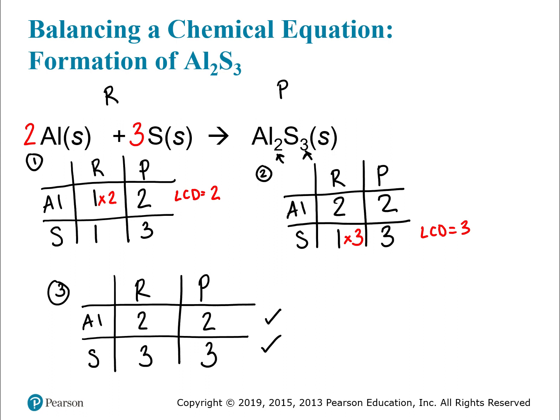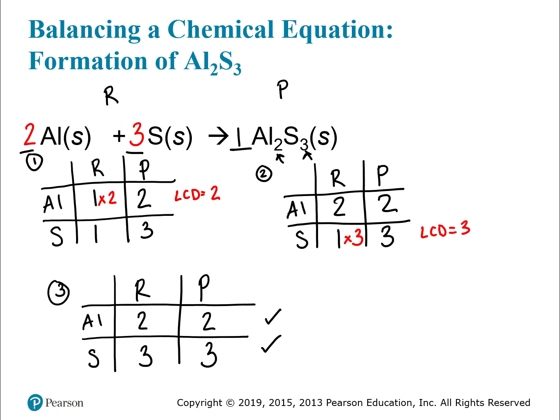On your exam, you'll see questions about what are the coefficients in the balanced equation, or what is the coefficient for sulfur in the balanced equation. What that means is you're going to say what these numbers are in front. If you don't see a number, like with the aluminum sulfide, it means that you have 1, okay?